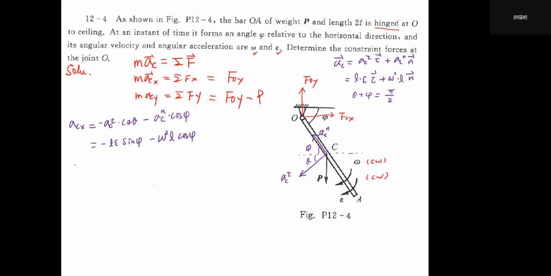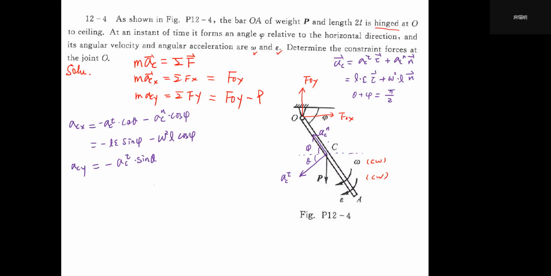Then we use the same manner to find ACY. ACY should equal ACT times sine theta, which is along the negative direction of y, so we have minus ACT times sine theta.